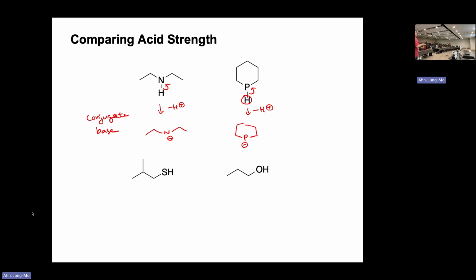Both are in the fifth column, but phosphorus is bigger than nitrogen. So this one is more stable by being a bigger anion. It's using a third shell and has all 8 electrons in total. That's the reason we think this is more stable, and because of that, it's more acidic.